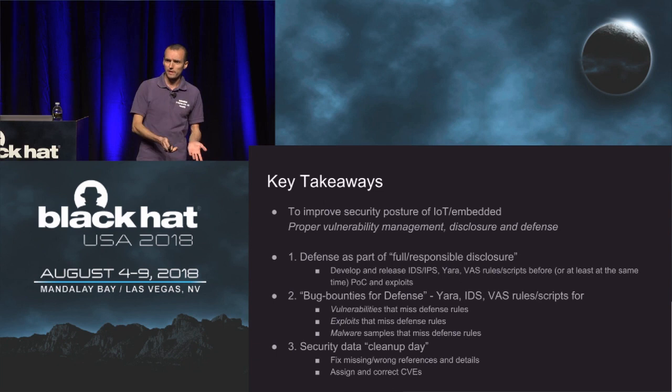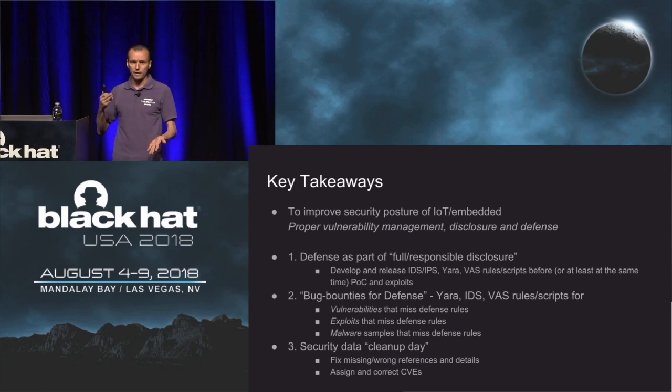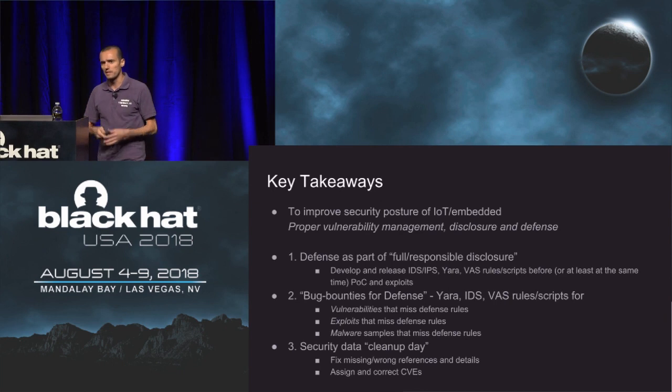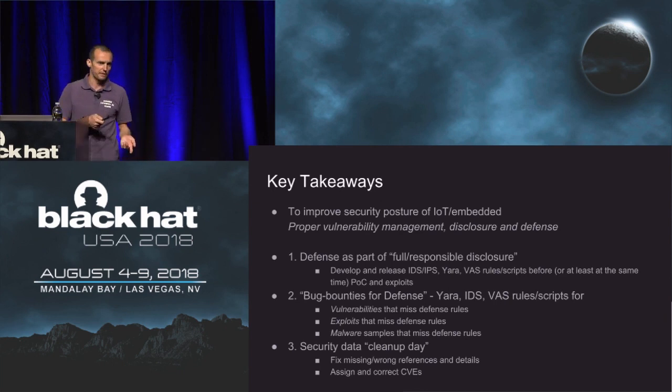So when you release the analysis of a vulnerability, or you release the exploit or proof of concept, release the defense part of it as well, or even before that. So at least the sysadmins and interested users can deploy the defense before the exploit is picked up by the malware actors and so on.